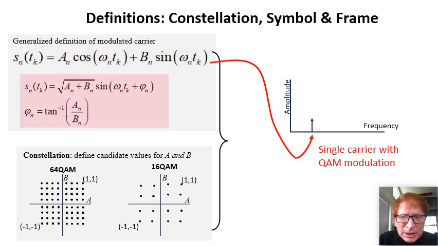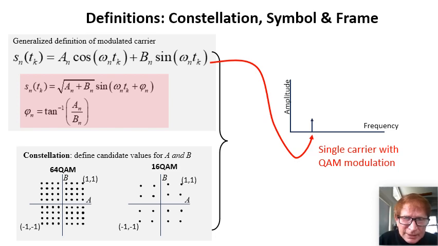The subscript n suggests that there will be multiple sine waves, each with a different frequency and A and B values. For OFDM, the discrete change of A and B at a time, t sub k, is used rather than modulation of the carrier phase and amplitude. This method is called quadrature amplitude modulation, or QAM for short.